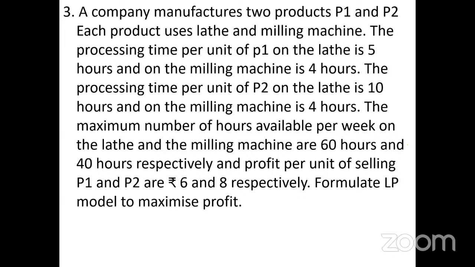Don't forget about Maximize. Maximize Z equals 6x1 plus 8x2. Subject to constraints: 5x1 plus 10x2 less than or equal to 60. 4x1 plus 4x2 less than or equal to 40. x1, x2 greater than or equal to 0.